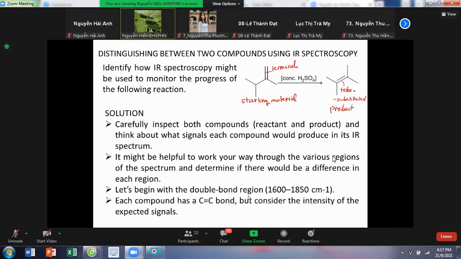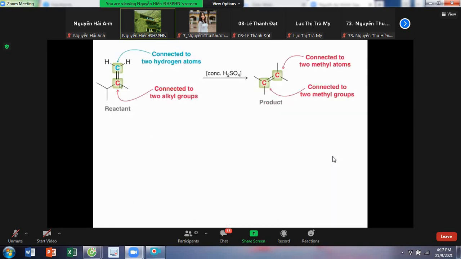Okay, so we begin with the region of the double bond absorptions. You see that starting materials and products both have a C=C double bond, but they will have different intensities. The reactant has an unsymmetrical C=C double bond, while the product has a symmetrical C=C double bond. I hope that you still remember this part. So this C=C double bond of the reactant is not symmetrical.